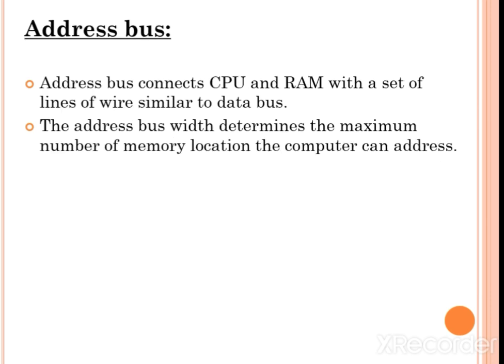Next, address bus. This address bus connects CPU and RAM with a set of lines of wire similar to data bus. And the address bus width determines the maximum number of memory locations the computer can address.